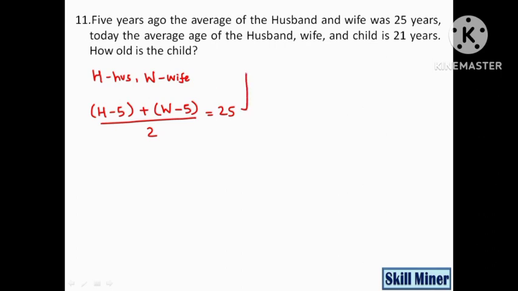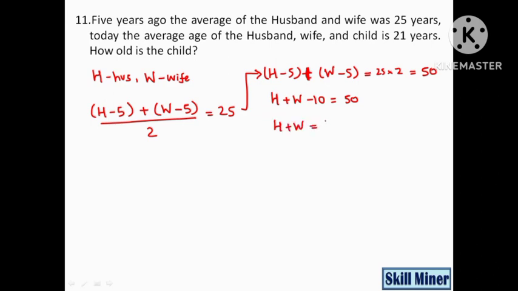From this I am forming one equation, h minus 5 plus w minus 5, which is equal to 25 into 2, which is equal to 50. So h plus w minus 10 is equal to 50, h plus w is equal to 60.